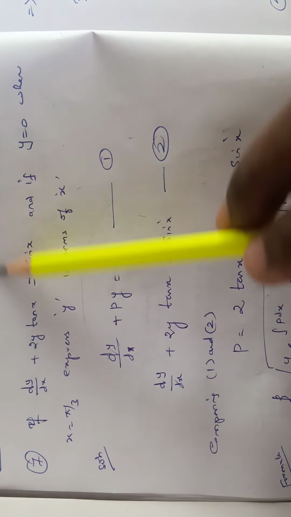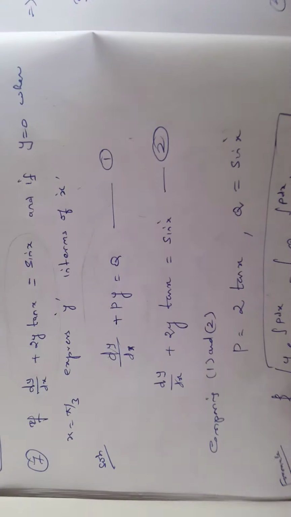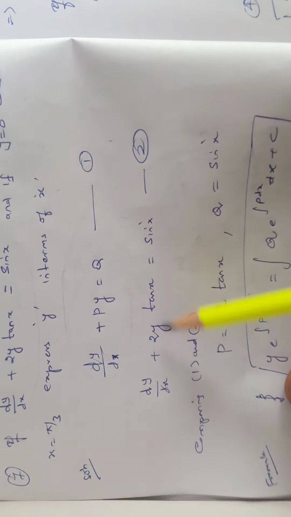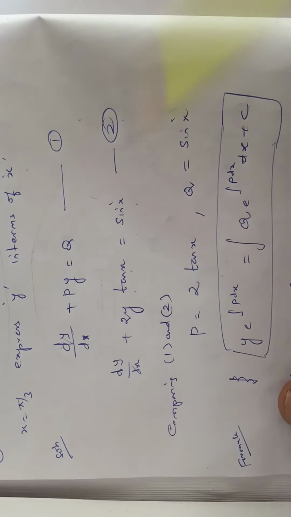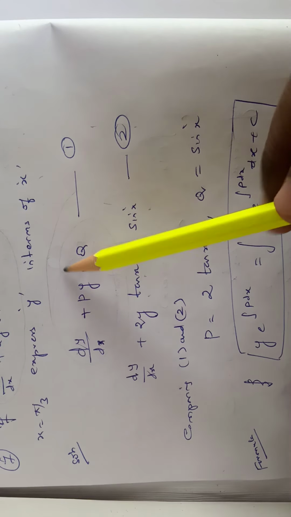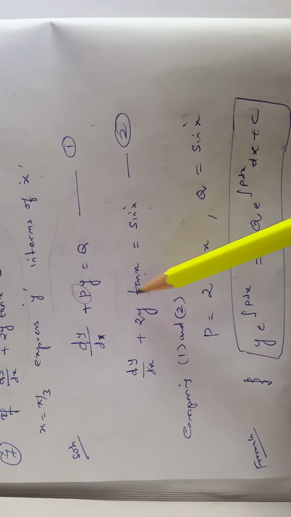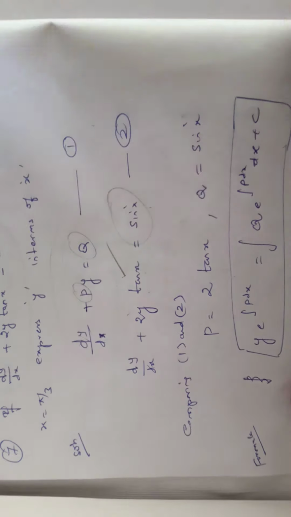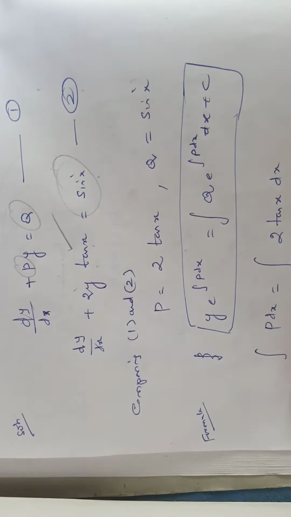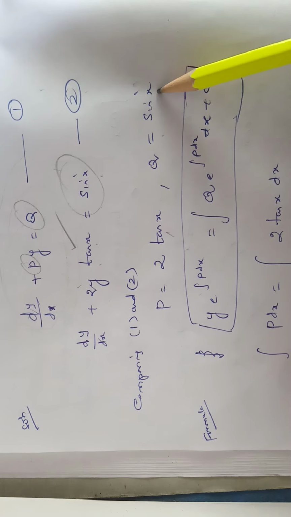The given differential equation is dy by dx plus 2y tan x equals sin x, equation number 2. Comparing these two equations, p can be taken as 2 tan x and q can be chosen as sin x. So p equals 2 tan x, q equals sin x.